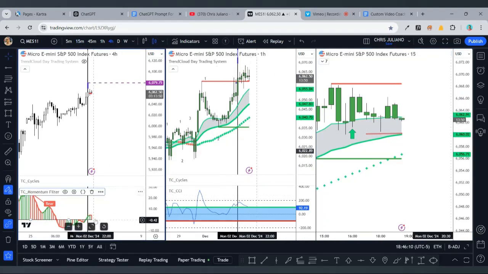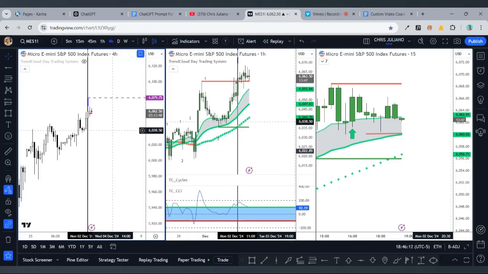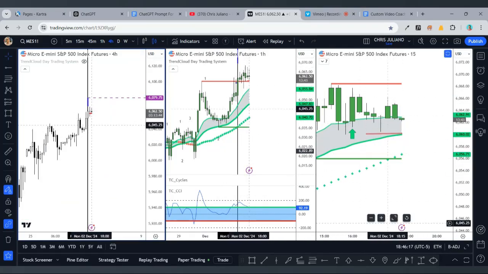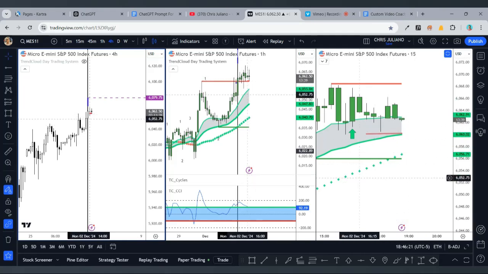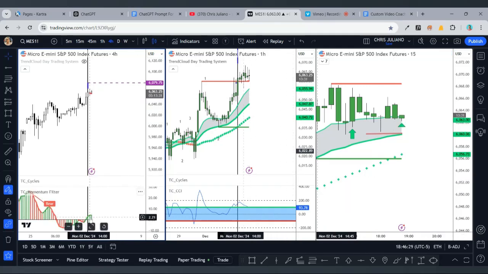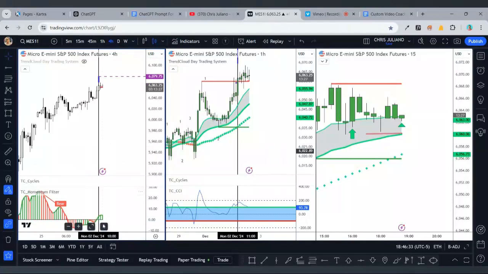If you don't have that, and you're just using supply and demand zones, how do you know what's going on on your lower time frames? You won't know until it's too late, until you're stopped out. Okay? So as of right now, TrendCloud is telling me to be cautious. All right? And now you can see it's starting to go green again.